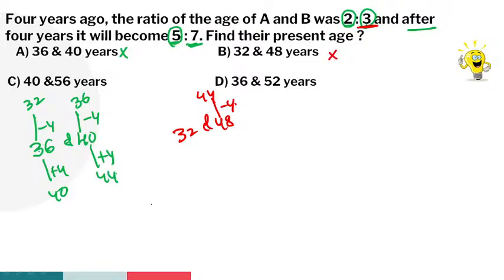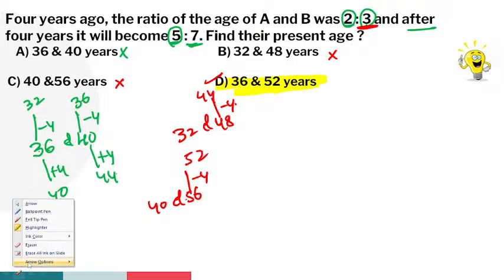And next, third option, 40 and 56. 56 minus 4 is 52. 52 is a multiple of 3? No. So option C is also wrong. Option D, do we check? No, from an exam point of view we don't check, not required. So the answer is 36 and 52, guys.